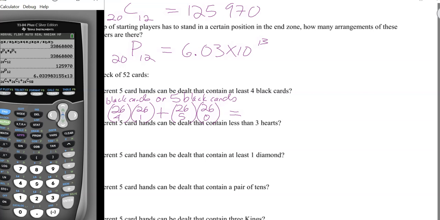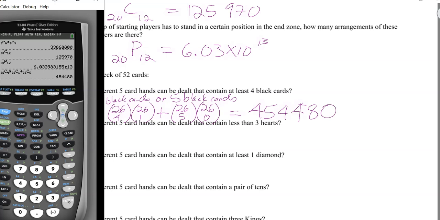And I'm not going to do the 26 choose 0 because we don't need that. 26 choose 0 or anything choose 0 is just 1. And we have 454,480.